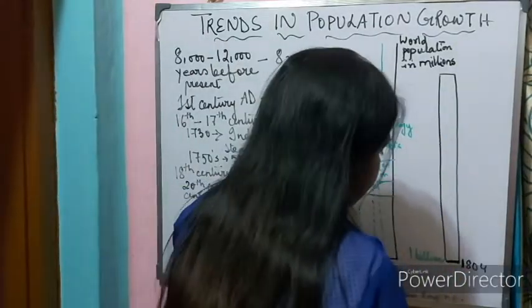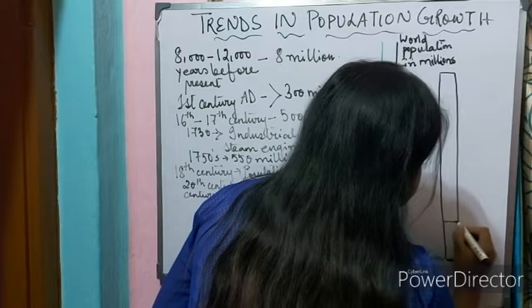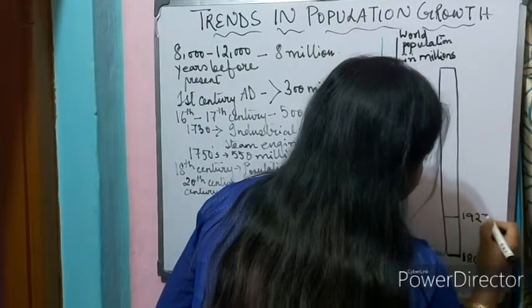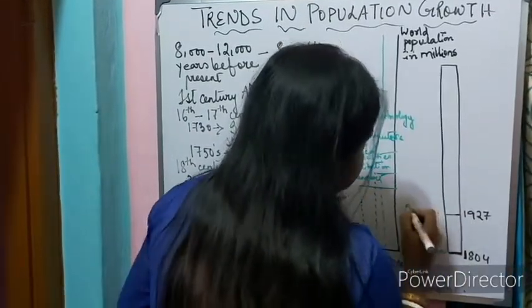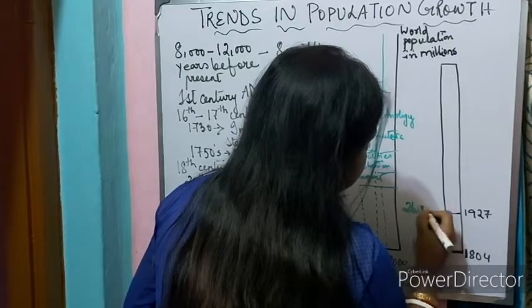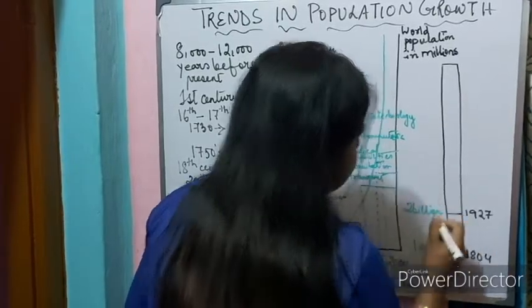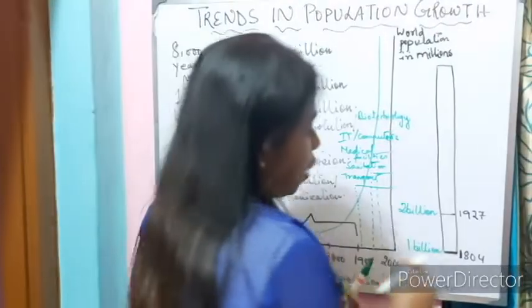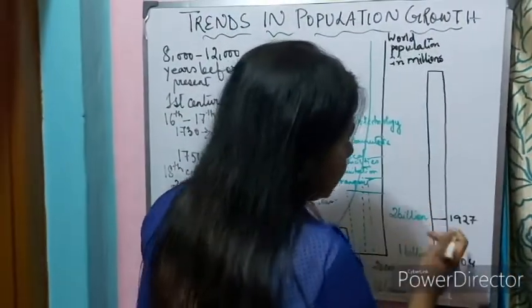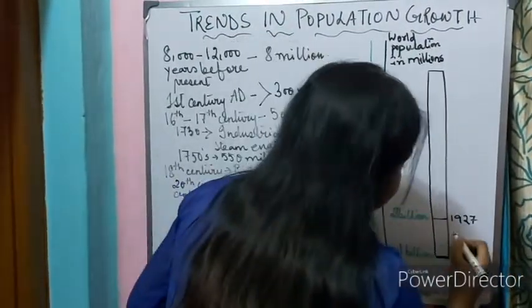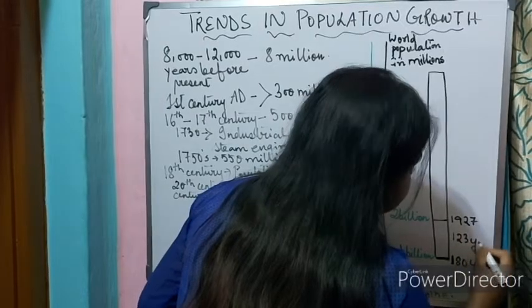In 1927, the population increased from 1 billion to 2 billion. That means 1 billion was added to the population. How many years did it take to increase from 1 to 2 billion? It took 123 years.